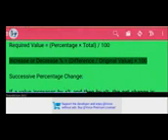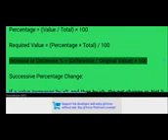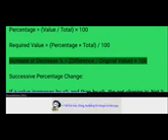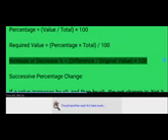Increase or decrease percent equals difference divided by original value, times 100.